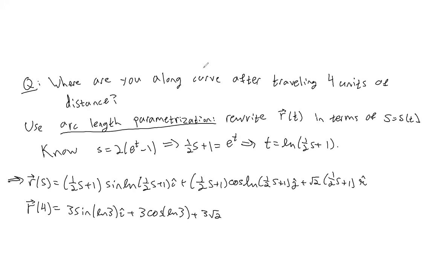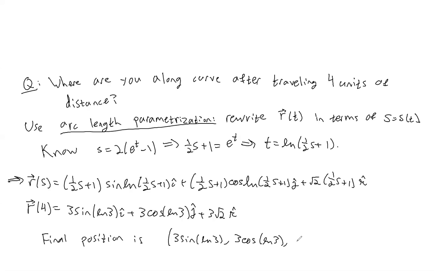J and K. I always forget the J and the K. It's always those two. So the final position, in other words, is 3 sine of ln 3, 3 cosine ln 3, 3 root 2.